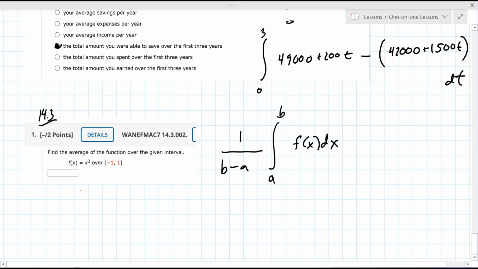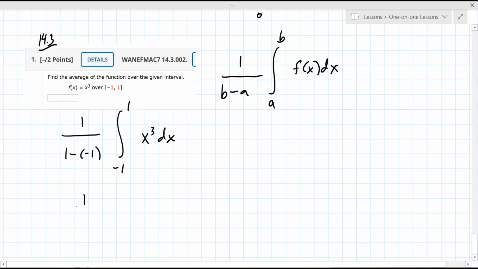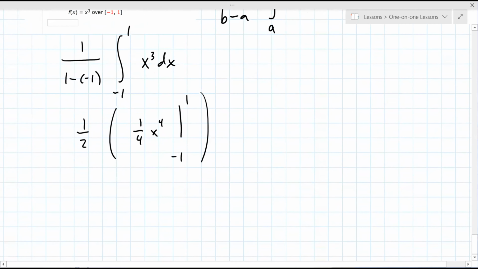So this one is 1 over 1 minus minus 1, integral from minus 1 to 1 of x cubed dx. So this out in front becomes a 1/2. This is 1/4 x to the 4th antiderivative from minus 1 to 1. And then you just multiply all that by 1/2 when you're done.